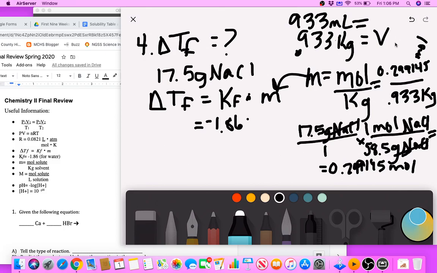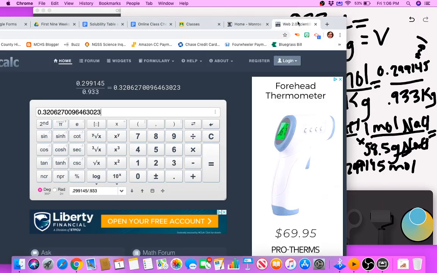times our M, which is, let me go back to that, 0.320627. I'm going to write like 6 numbers down. Again, I'm not rounding anything yet.